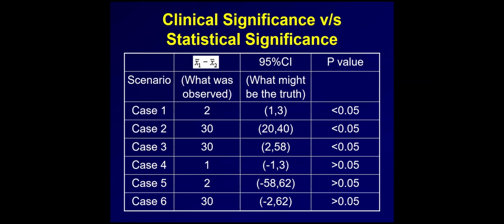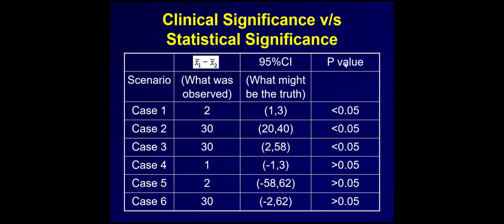For example, case 2, it reduces by 30 millimeter Hg. It may be as low as 20, as high as 40, and the p-value is less than 0.05. As a clinician, you will be very impressed with this intervention because it is reducing by 30 millimeter Hg, and you will be very confident to use this.